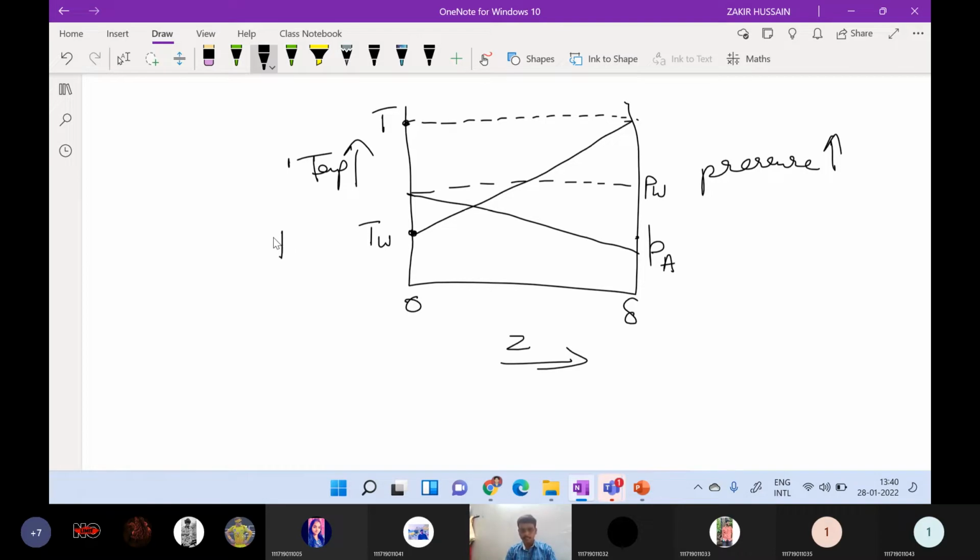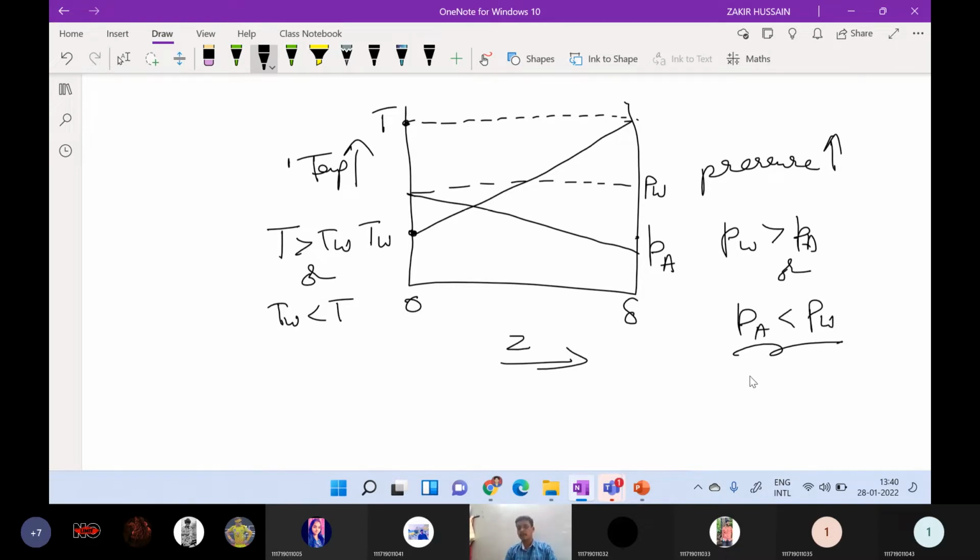So this indicates that T will be greater than TW, or we can say TW is less than T. So here PW is greater than PA, or we can say PA is less than PW. Under such condition, mass transfer will take place from the higher pressure region to the lower pressure region.